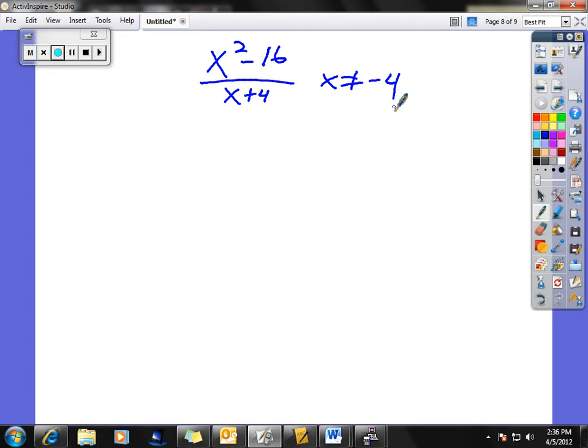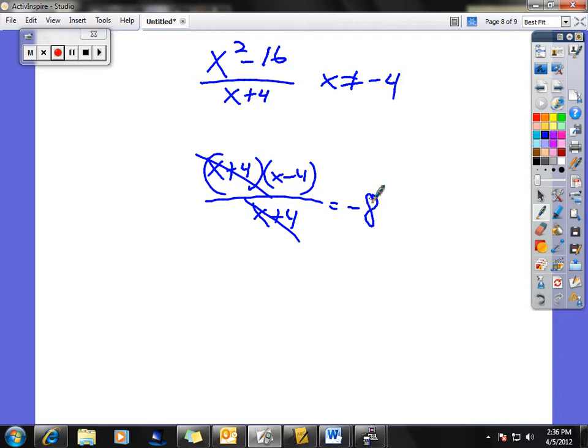So what you can do is just factor and cancel like we've been doing. So those cancel. Now we can plug in -4, right? And we get -8. That's the y value. But how you would write that is to turn this into a piecewise function.